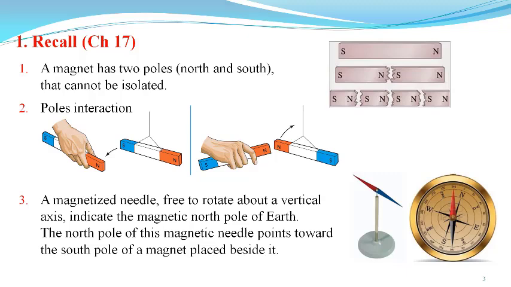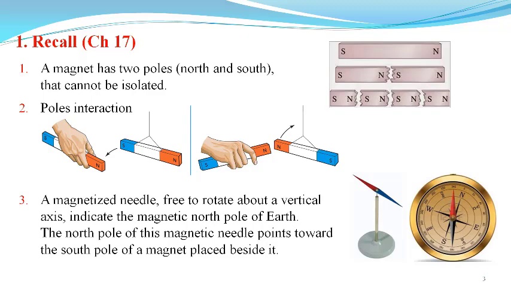You know that any magnet has 2 poles, north and south, that can't be isolated. So like poles repel and unlike poles attract each other. It's important to know that a magnetized needle, which is free to rotate about a vertical axis, indicates the magnetic north pole of Earth.